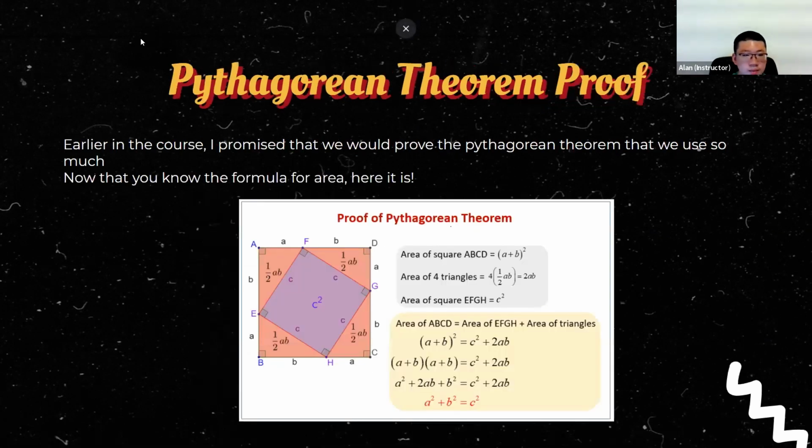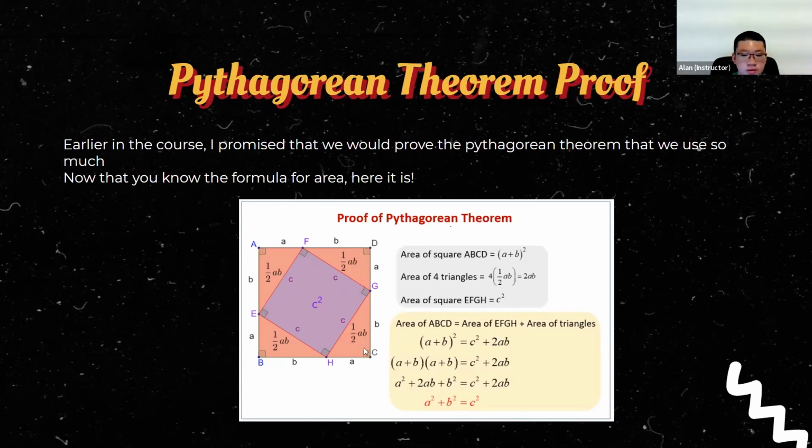And also now I'm going to prove the Pythagorean theorem. Of course, earlier in the course, I said that we would prove it, since it's one of the most useful theorems of all time. And now that you know the formula for area, this is how you do it. You can create 4 right triangles that enclose a square.